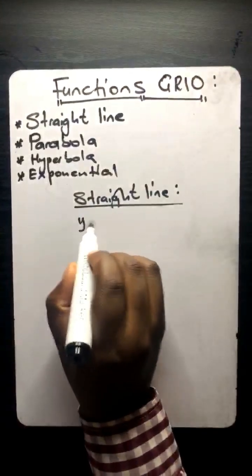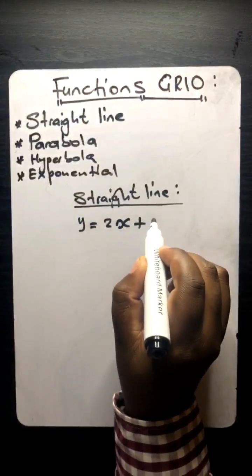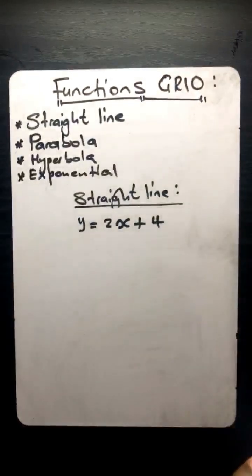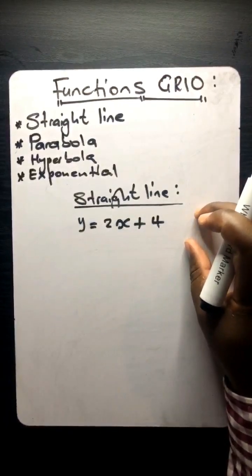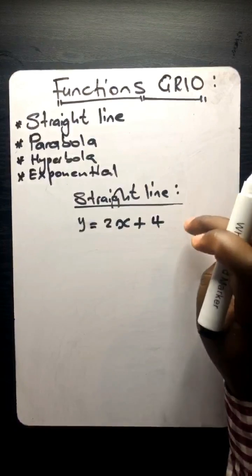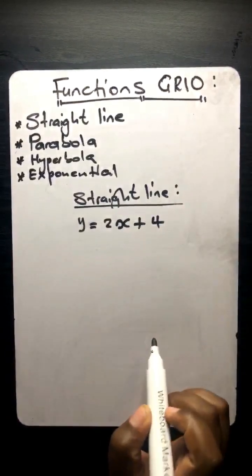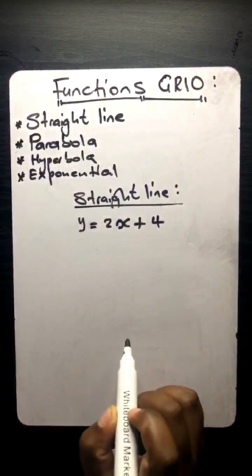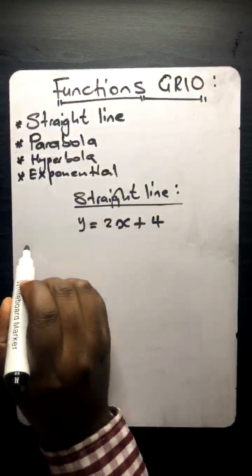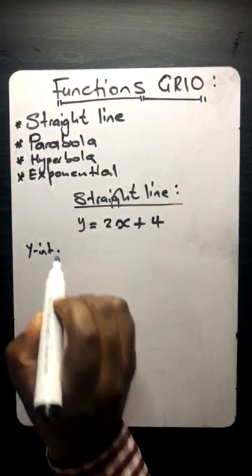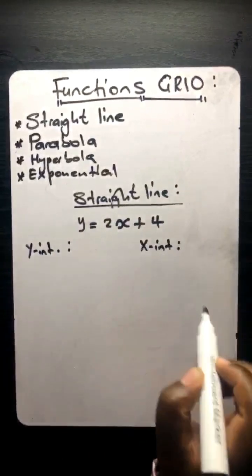So let's say you have y equals 2x plus, let's say, 4. Normally when you are given a straight line, they are most likely to say plot or sketch that function. Most importantly, when you plot or sketch a straight line, you are mostly interested in two things, being the y-intercept and also the x-intercept.